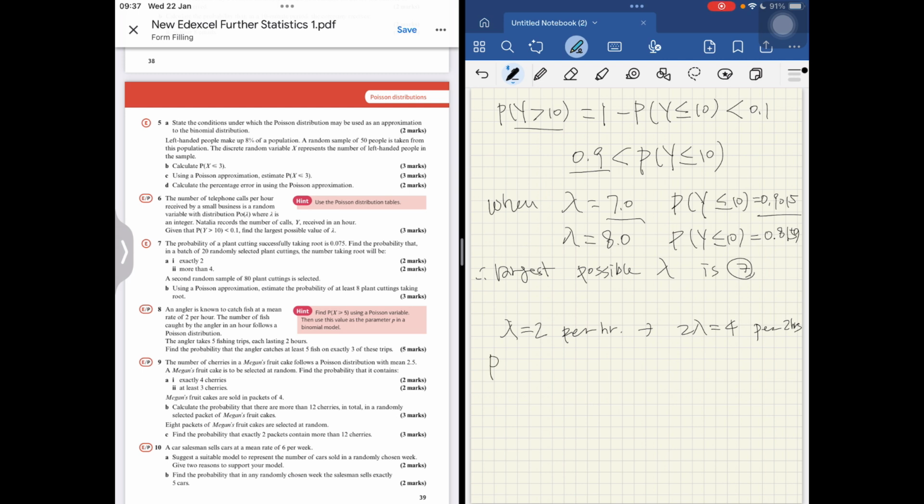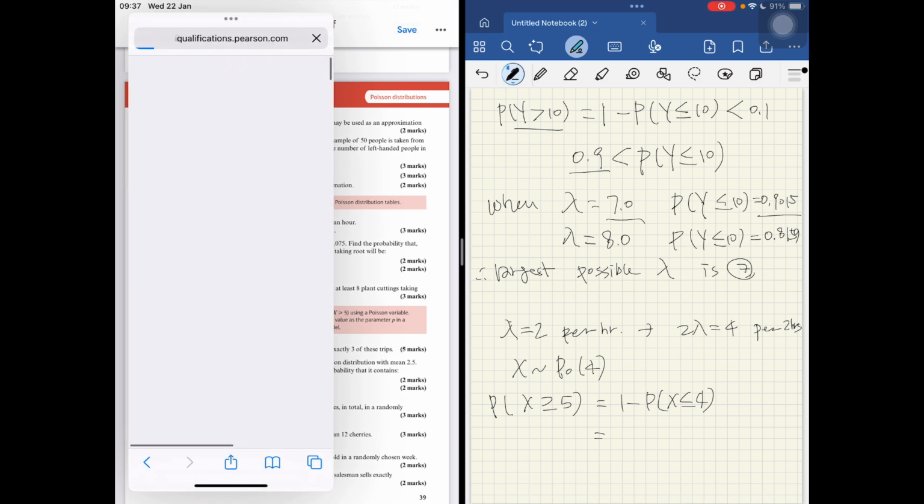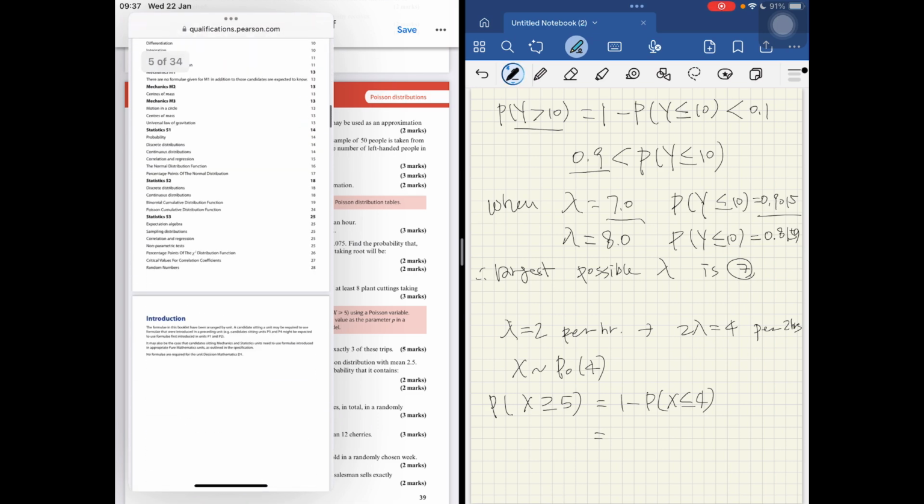So let's find the probability. Let X follow the Poisson distribution with mean 4. And probability X is at least 5 means 1 minus the probability X is smaller or equal to 4. Then it goes to the binomial distribution.